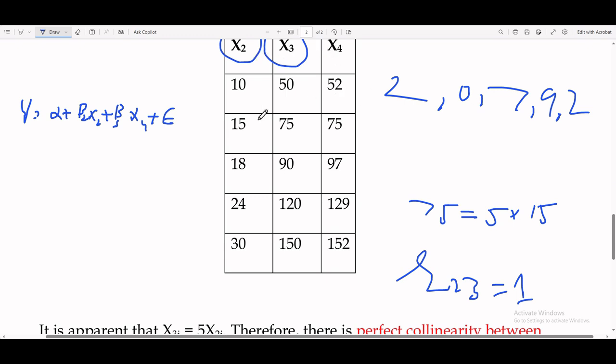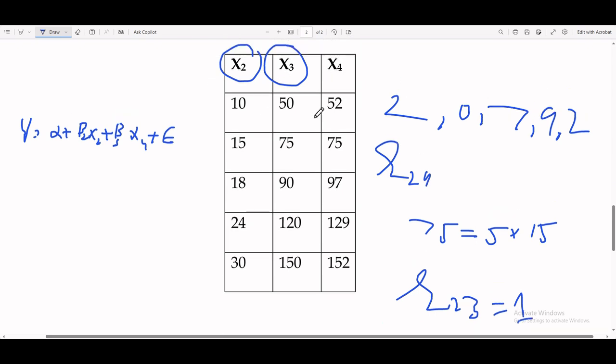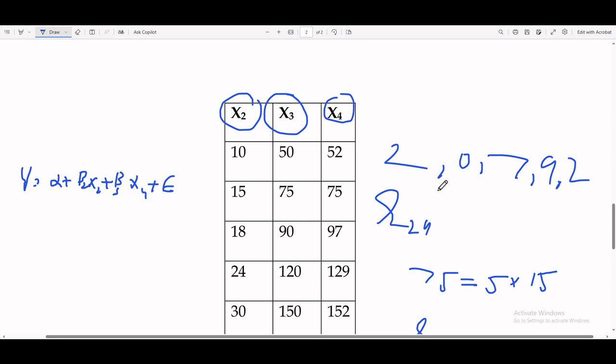Our task is to check the relationship between x2 and x4. When you check this, no exact relationship exists between x2 and x4. But when you find the correlation coefficient between x2 and x4, it is quite high, 0.99, which means high correlation exists, but it is not perfect.